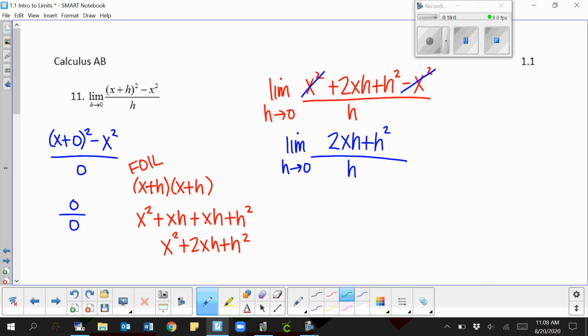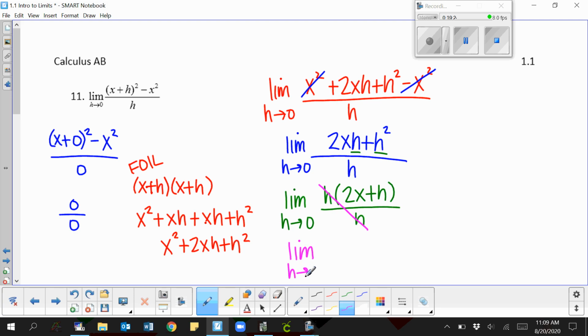And on the top, I have an h in both terms, so I can factor that out. So I'm going to have the limit as h approaches 0 of h times 2x plus h over h. So those cancel out. I'm looking at the limit as h approaches 0 of 2x plus h. And so now I can just plug that 0 in, and I'm going to have 2x plus 0, which just gives me my answer of 2x.